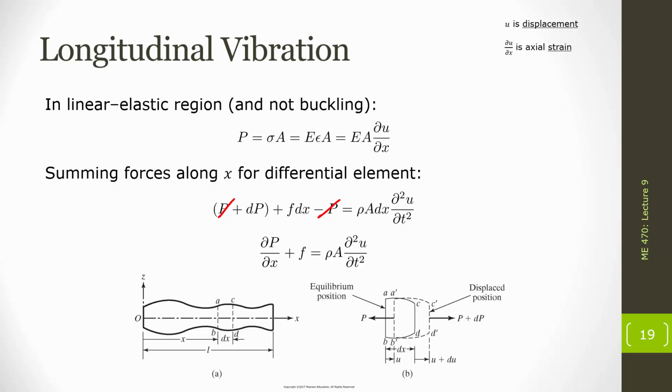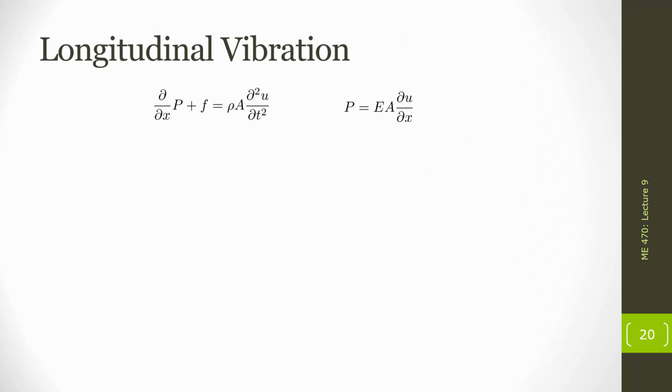So from summing forces and taking Newton's second law, I have the sum of forces equals mass times acceleration, and as I did at the beginning, limiting this to the linear elastic region for deformation, I have a relationship between the internal normal force P and the axial strain. So I can take these two equations and put them together.